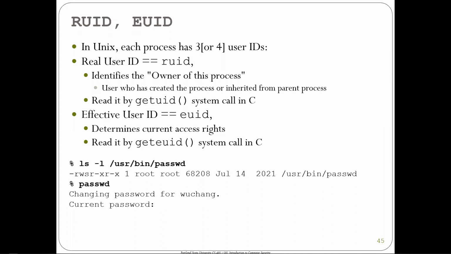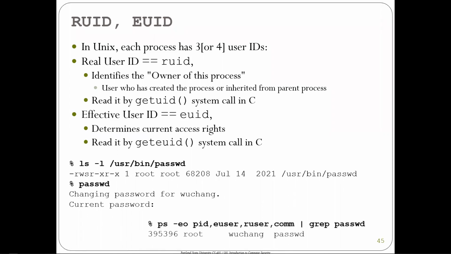So in this case, I list this binary, and then I execute this, and say I'm executing this as myself. If in a different terminal, I do a process listing that says, well, what is the effective user and the real user? Within this process, the effective user, the rights that I have, is root, but the real user is kept track of.